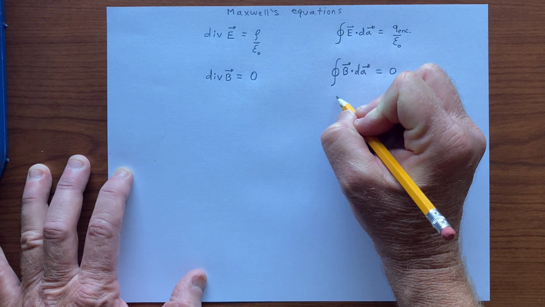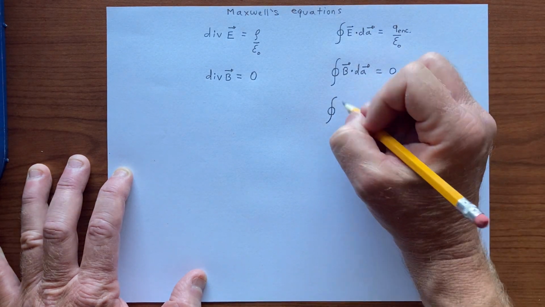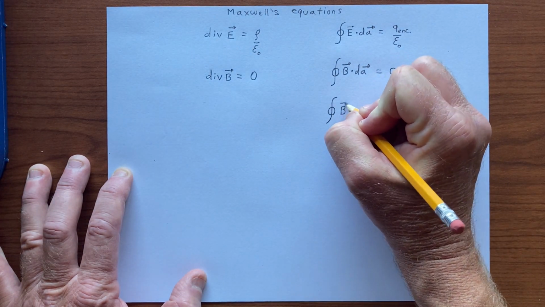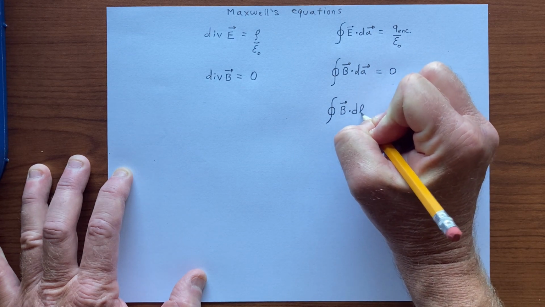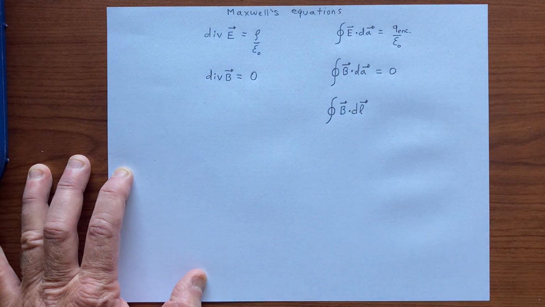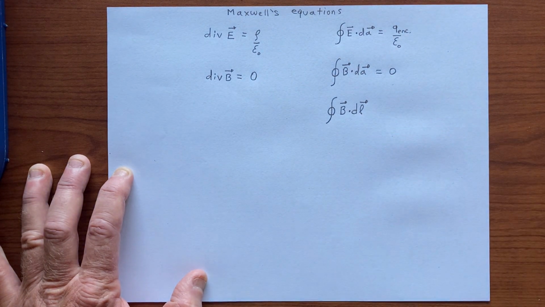And so, in fact, there is a non-trivial, if you will, loop integral for the magnetic field. So we integrate the magnetic field around the closed loop, B dot dl. dl represents a little infinitesimal element of the loop.